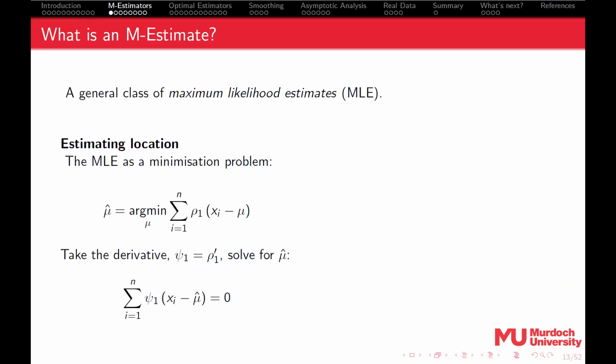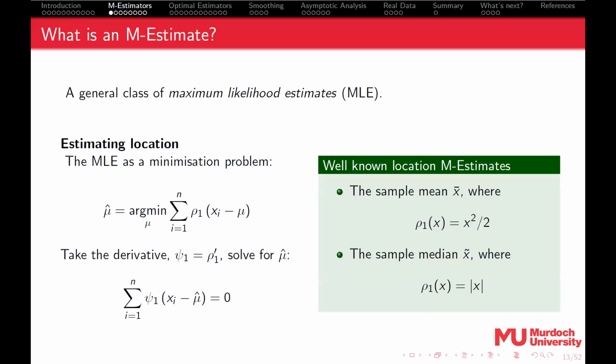The most common way to do this is in the case of the location model. We generalize this for the rho function, rho 1, taking the derivative of that, which is psi 1, and then solve that bottom equation in order to find our estimate of mu hat.